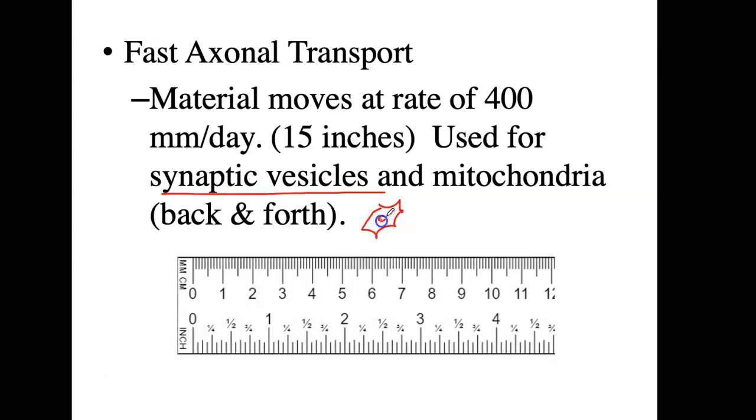Let's make one here. And I'm going to have him be a super long axon. And this is where the neurotransmitter is going to be. But it's not made there. It's made over here. It's made in the cell body. So if the cell body is making these, it needs to transport them through fast axonal transport all the way over to the terminal portion of this axon.